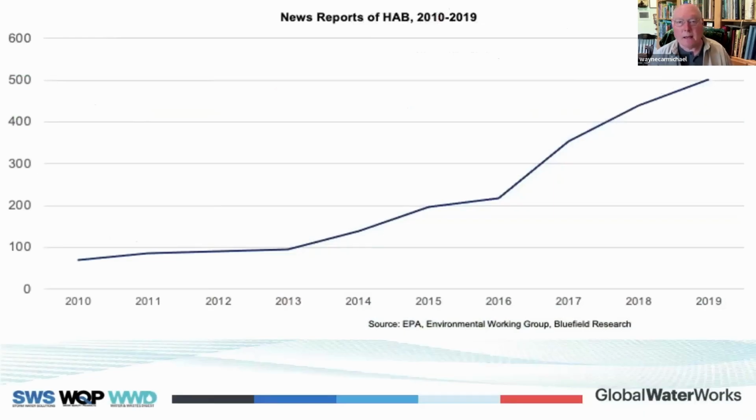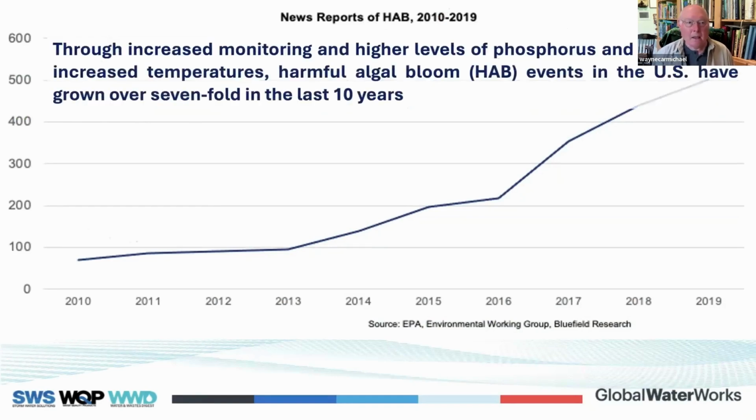News reports of HABs from about 2010 to 2019 show a steady increase. It's largely through increased monitoring, but also the increasing levels of phosphorus and nitrogen, along with increased temperatures from global warming, and harmful algal bloom events have grown about 7-fold.